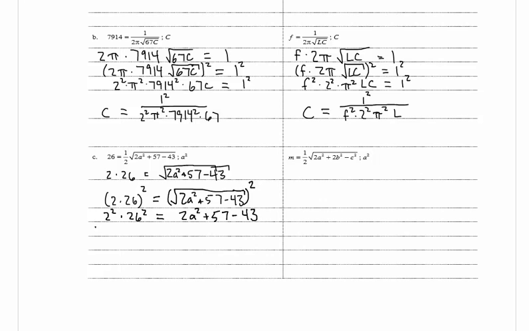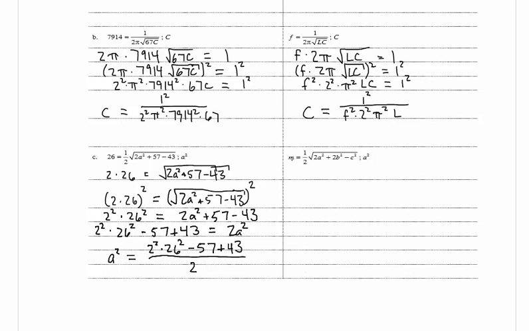So we have 2 squared times 26 squared minus 57 plus 43 is equal to 2a squared. And now we're going to divide both sides by 2. So I have a squared is equal to 2 squared times 26 squared minus 57 plus 43, all divided by 2.